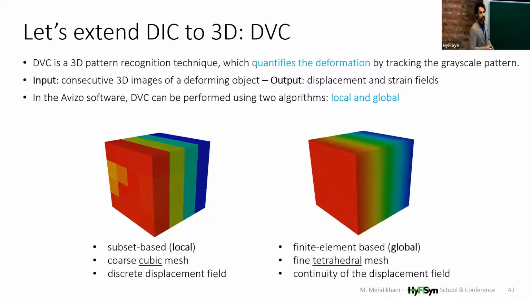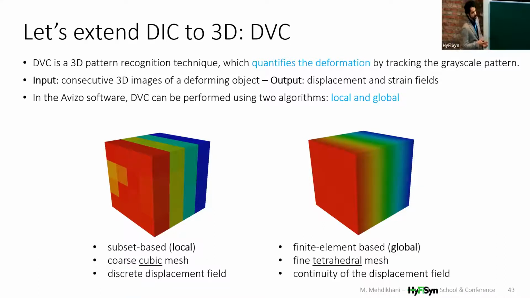So you can have discrete displacement fields, but on the other hand, there is a different algorithm for DVC, which is global or finite element based, and there it assures the continuity of the displacement results.